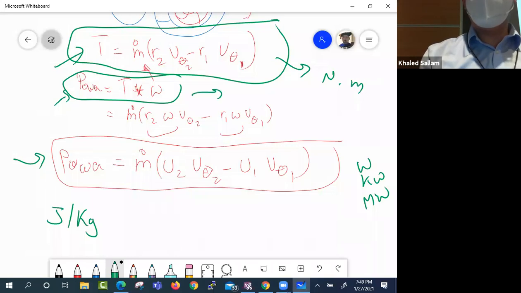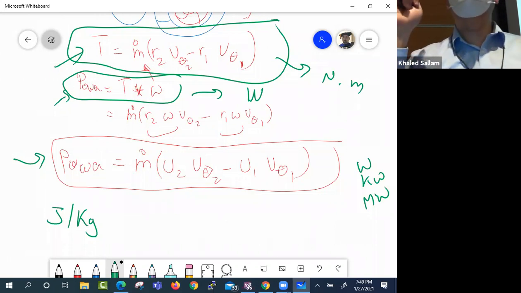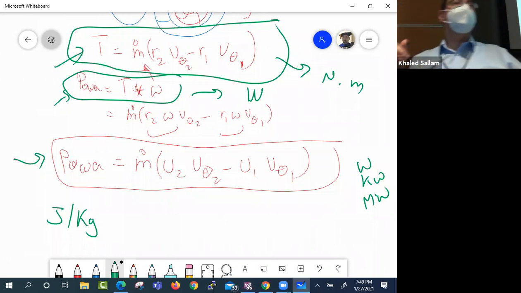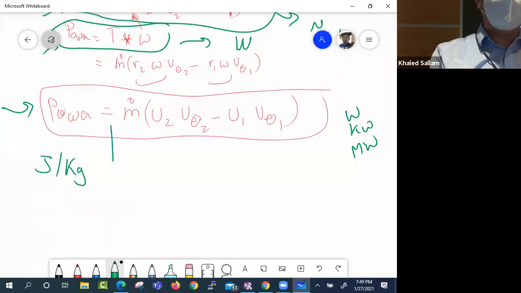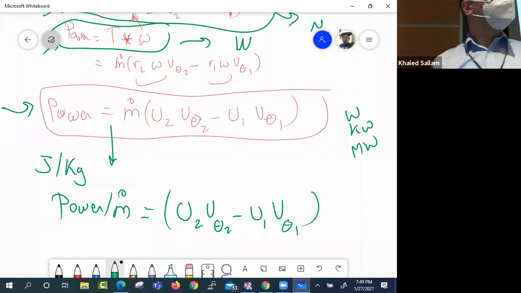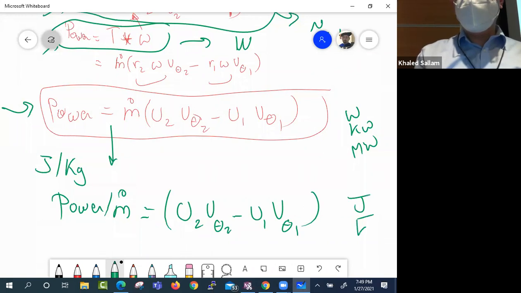What's the unit of the power? Watts. So where is that joule per kilogram? How can I do that? In order to get the joule per kilogram, we divide the power by what? By m dot. And that's why this equation is really helpful. Because when you write the power per m dot, you get U2 V theta 2 minus U1 V theta 1. And that would be joule per kilogram.